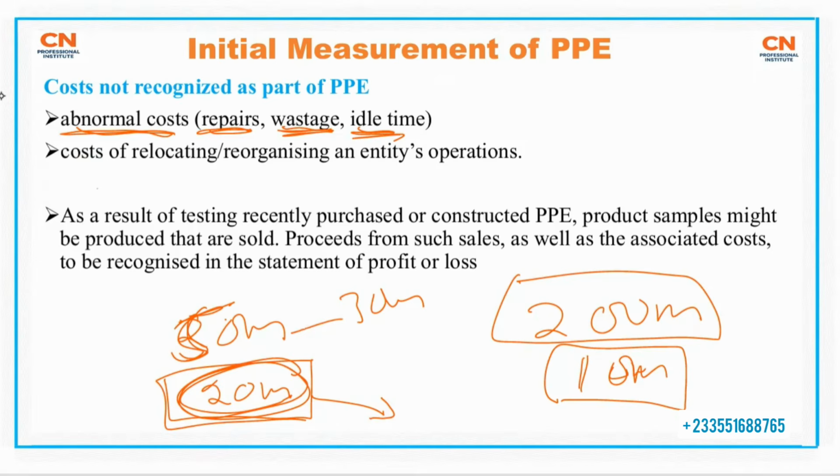And then maybe here too, this is also very important. It says as a result of testing recently purchased or constructed PPE, product samples might be produced that are sold.